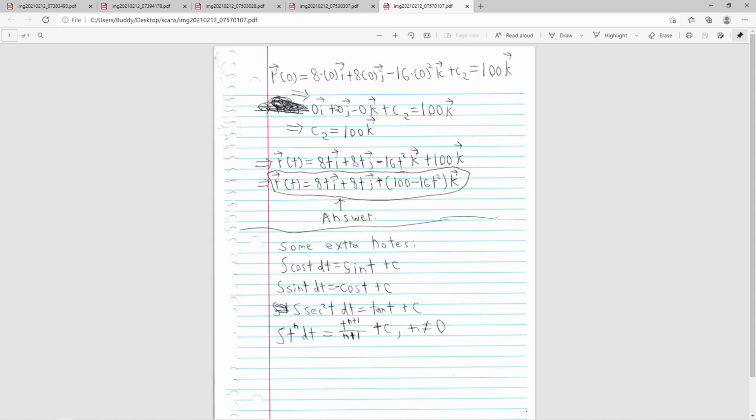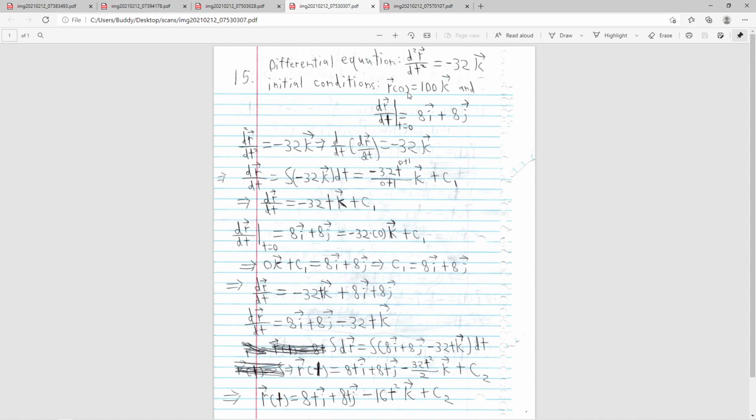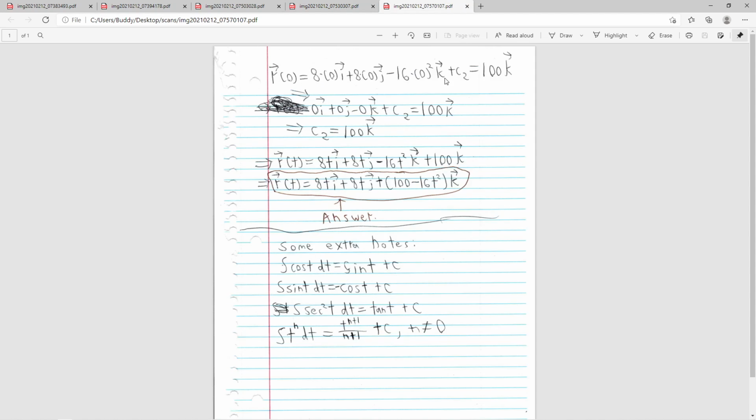And from there we go to the last part where we use the initial value of r(0). It's equal to 100k. The r of 0 is 100k. And 8 times 0 is 0, 8 times 0 is 0. Negative 16 times 0 squared is 0. And that's all. So c3 is equal to 100k.